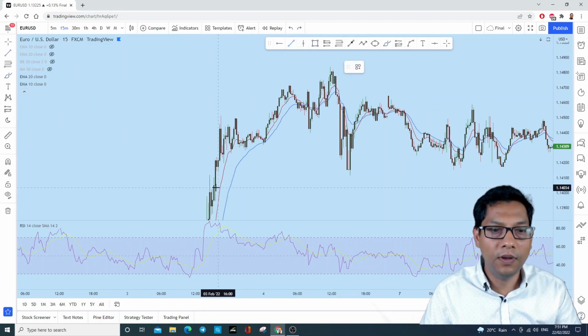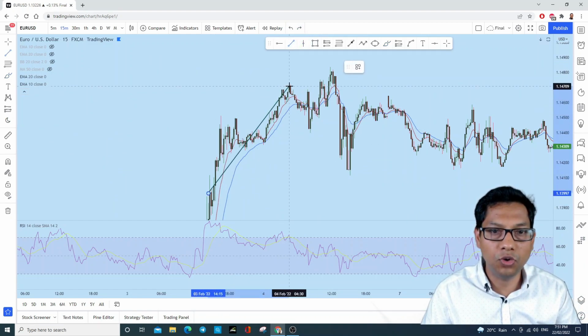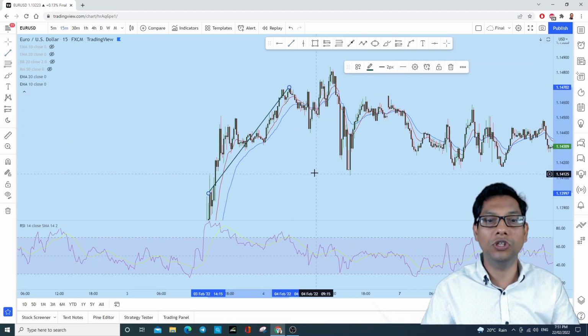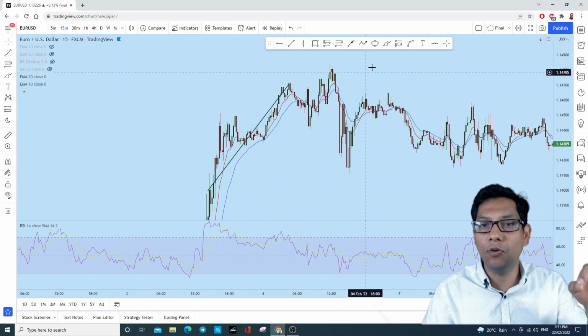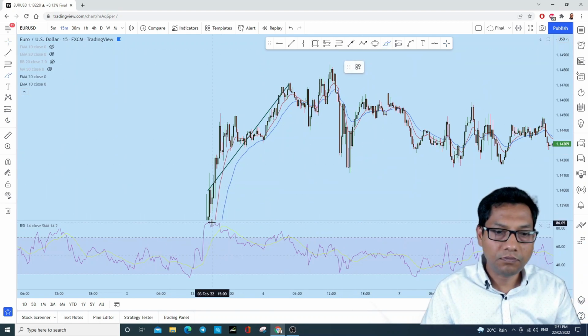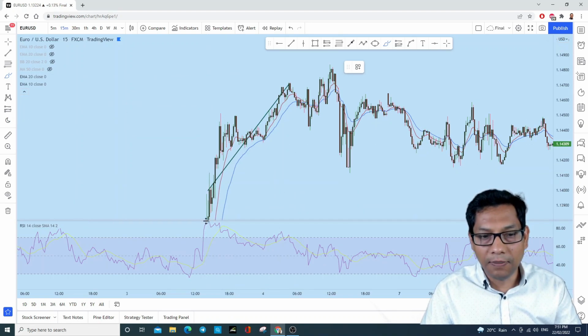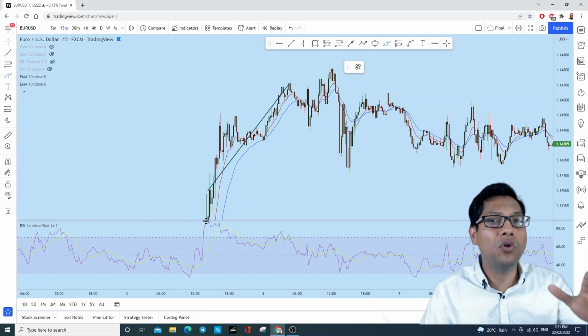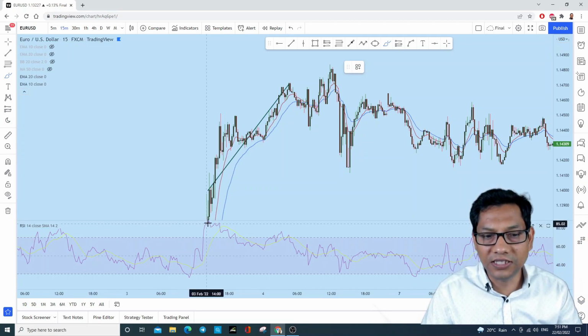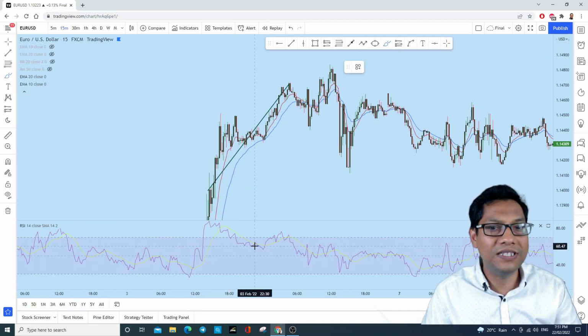Let's draw this point from here to here. What you saw, the price moved up. Okay, let's draw this one. Now look at the momentum or RSI indicator starting from here. Look at here. Once the price went up, the momentum indicator failed to create any higher high. Instead, it started to move down.